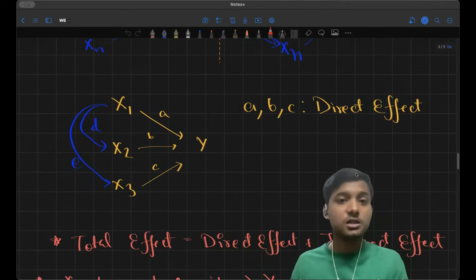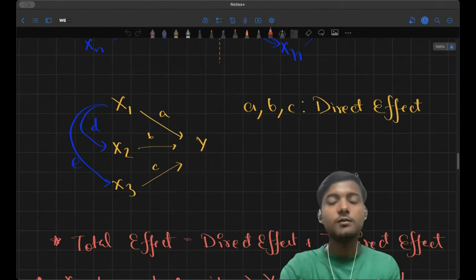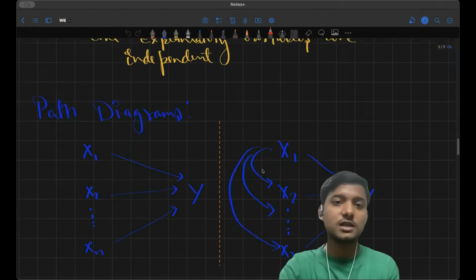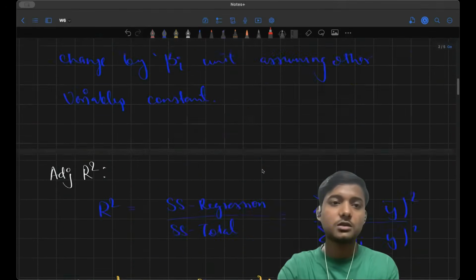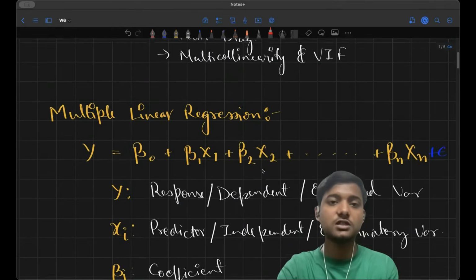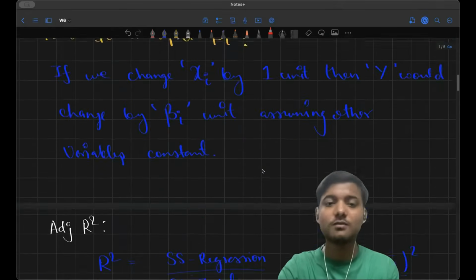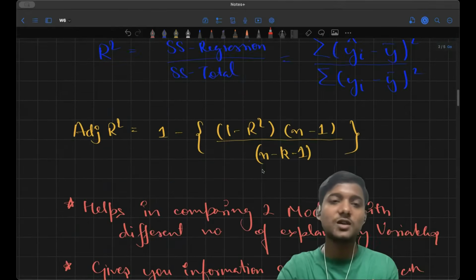I would also make another separate video based on the analysis of variance, ANOVA, and how we use the Excel data analysis toolpak to work on that. But for this, I would suggest focusing on adjusted R square and how we calculate these values using the formula.